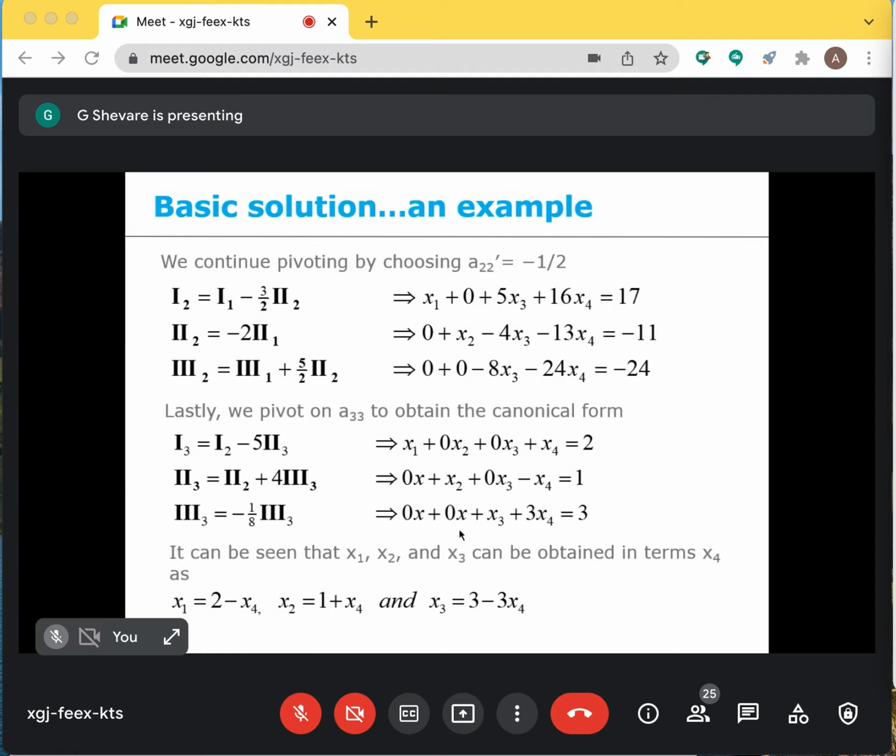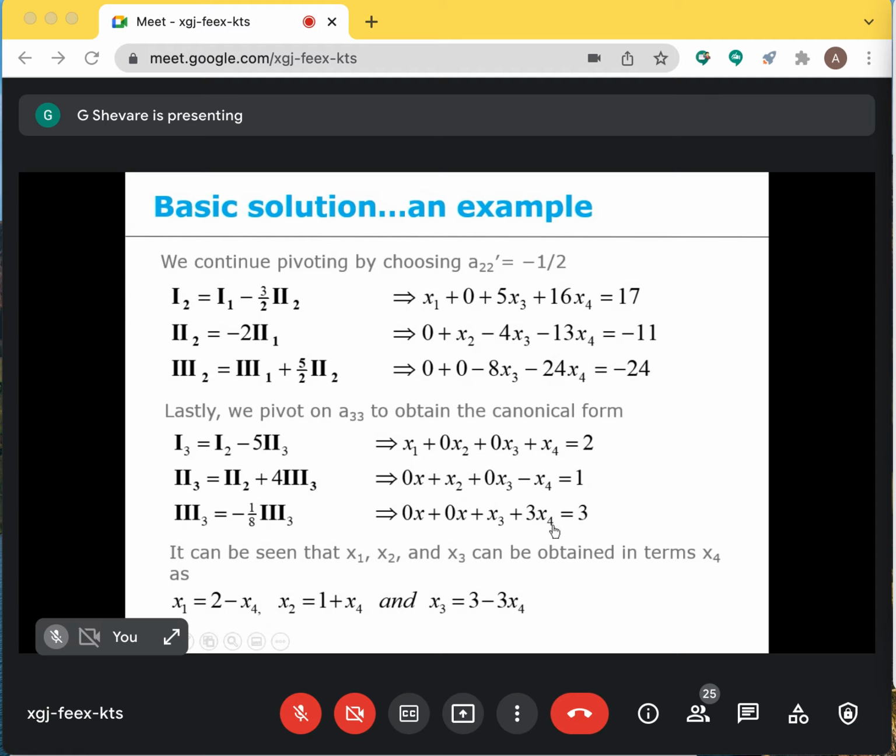If you look at this, you realize the following. This is the pivotal operation. You will see that x1 now is equal to 2, x2 is 1, and x3 is 3, if x4 is put to 0.